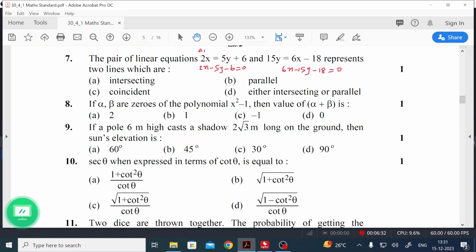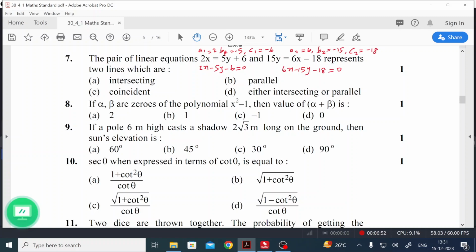Now here, A1 value 2, B1 value minus 5 and C1 value minus 6. Like that here, A2 value 6, B2 value minus 15, C2 value minus 18.